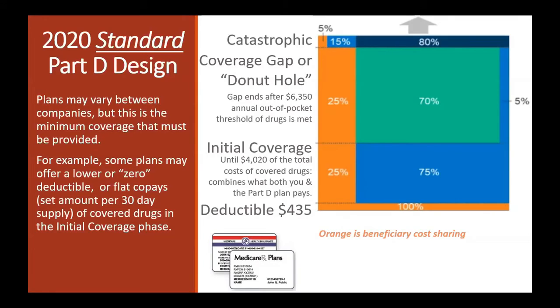The gap will end once the out-of-pocket threshold of drugs hits $6,350. And at that point, you'd enter into the very top level, which is called catastrophic. There would still be a 5% responsibility for eligible drugs. It never goes to zero on a standard Part D design.